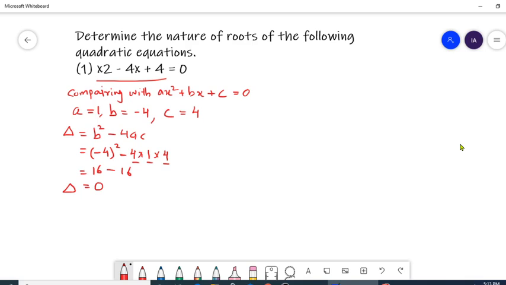So here you will write the nature of the roots: roots of the given quadratic equation are real and equal.